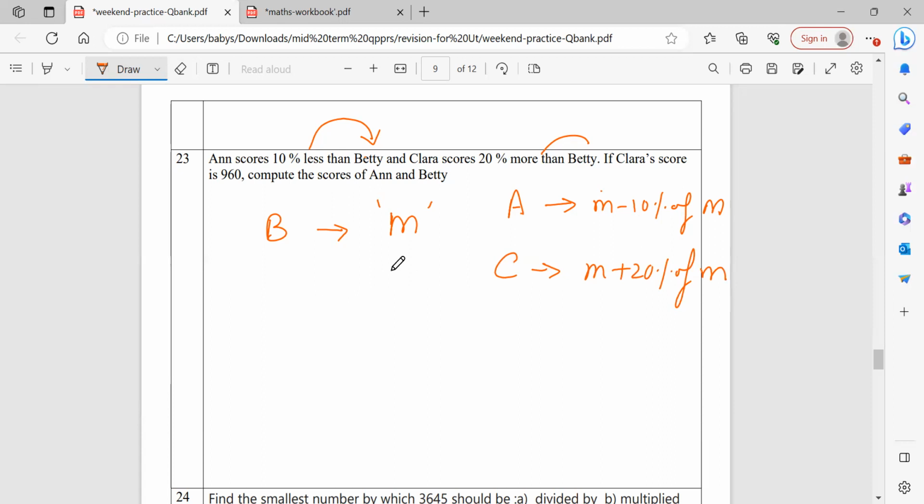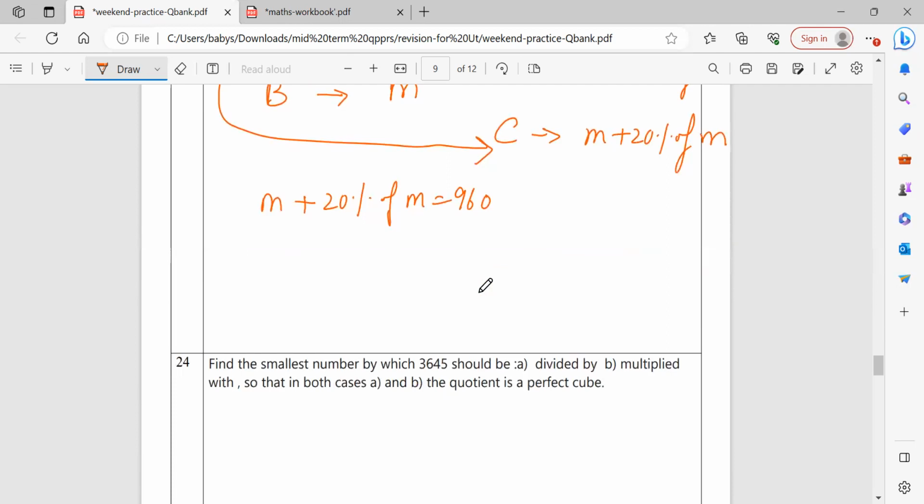So Clara's score is given. That is M plus 20% of M is 960, which is Clara's score. So equate M plus 20% of M to 960. So M plus 20 by 100 into M is 960.